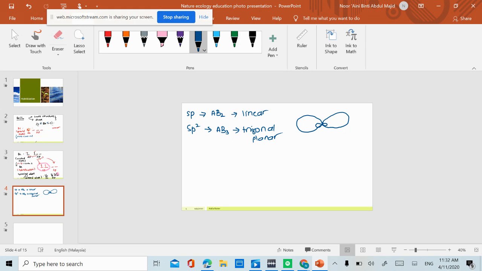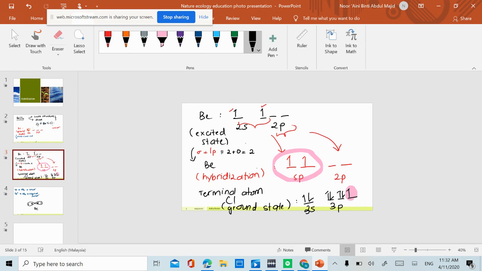Let's go back to BeCl2. You can omit the tiny lobe in your drawing. We have 2 unpaired electrons here. This is sp, and this is another sp. This is beryllium. And remember, beryllium overlaps with the 3p orbital of chlorine.